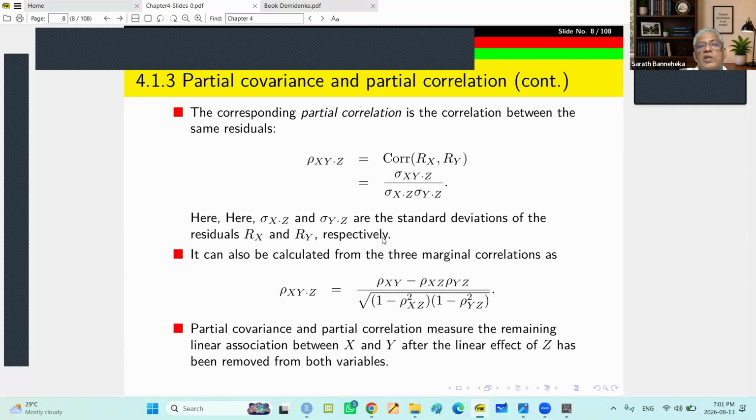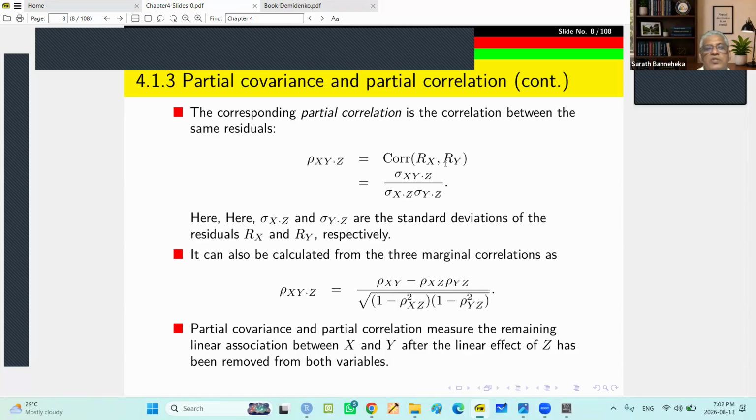Then the corresponding partial correlation is the correlation between the same residuals. That is denoted as rho xy dot z, which is equal to the correlation between Rx and Ry, and that will be equal to sigma xy dot z divided by sigma x dot z times sigma y dot z, where sigma x dot z is the standard deviation of Rx and sigma y dot z is the standard deviation of Ry.